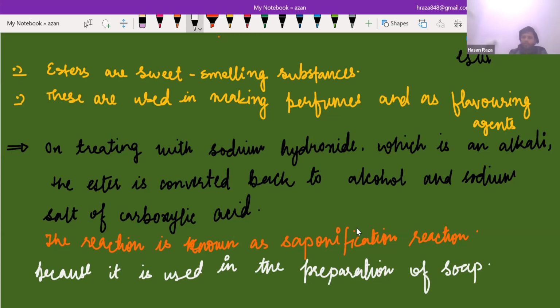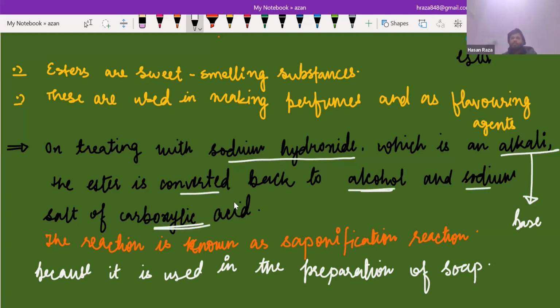So basically, first of all, you have to be careful when you are going to react ester with the sodium hydroxide, which is an alkali. Alkali means basically base. Then ester is converted back to alcohol and sodium salt of carboxylic acid. The reaction is known as saponification because this reaction is used in the preparation of soap.